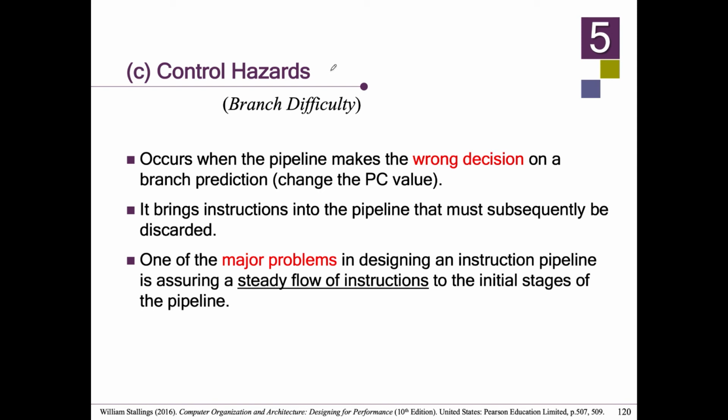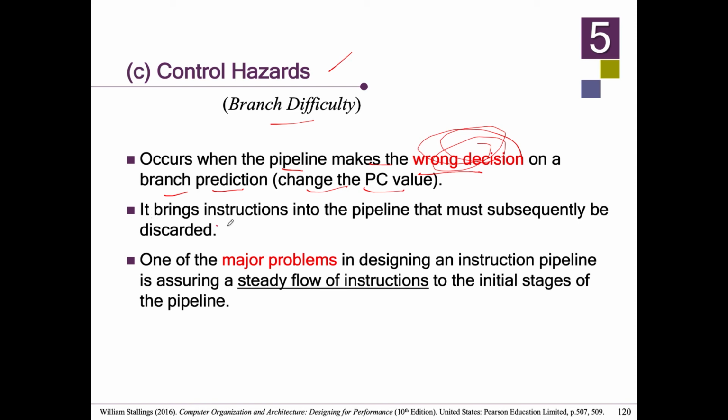As we know, there are 3 categories altogether. Here we're going to look into the last, which is control hazard, also known as branch difficulty. It occurs when the pipeline makes a wrong decision on a branch prediction, which changes the PC value.